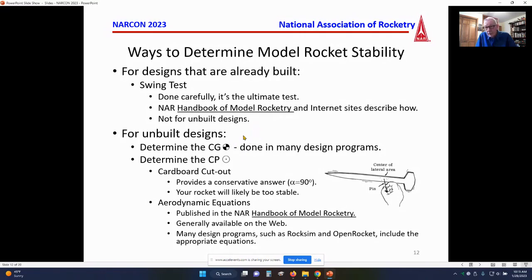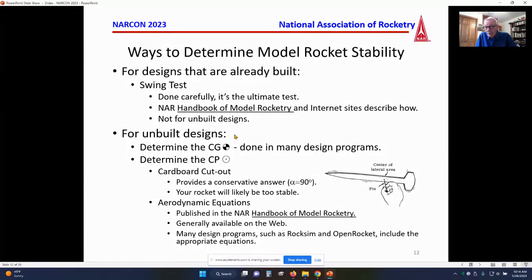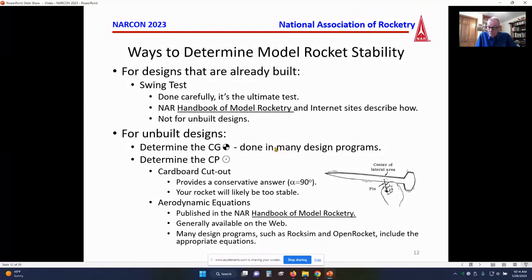That's a case of taking all the various components of the rocket and measuring or determining through the catalog information what the weight of all those various components are: the body tube, the nose cone, the parachute, the engine itself, any other body tube components that are in play, and then add them all up.